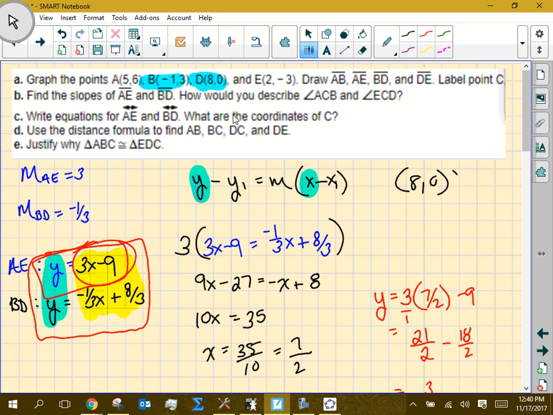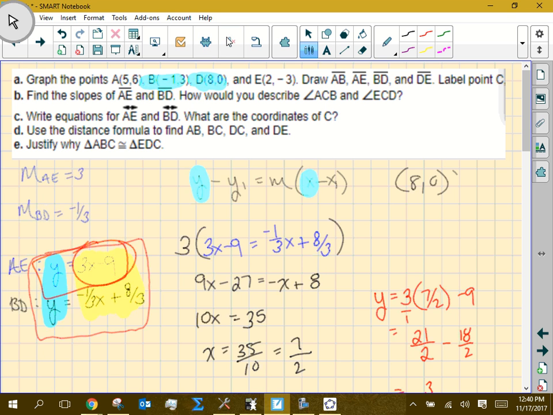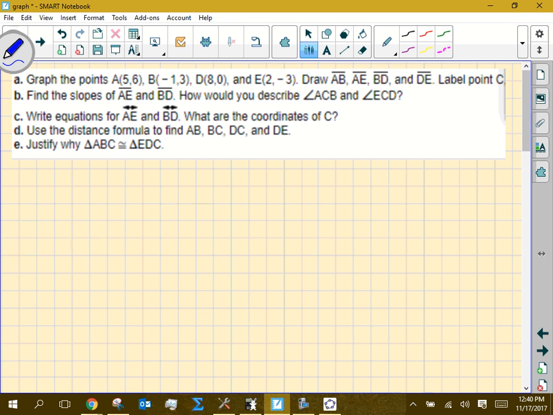Now, we actually have to go through and find these distances, and we've dealt a lot with distances so far. But we need that point that we just came up with for C to come up with all these distances. So I'm just going to write these things real quick. A was 5, 6. B was -1, 3.